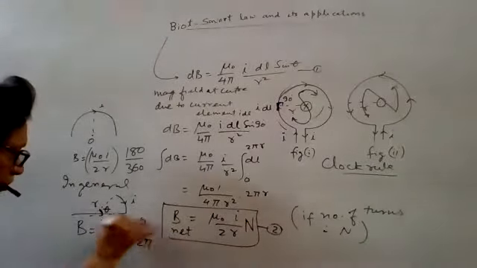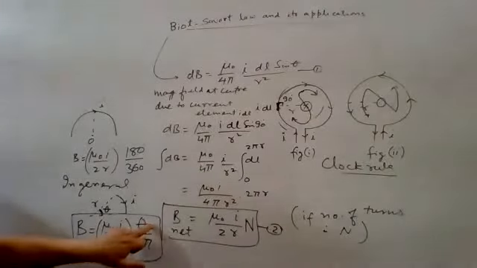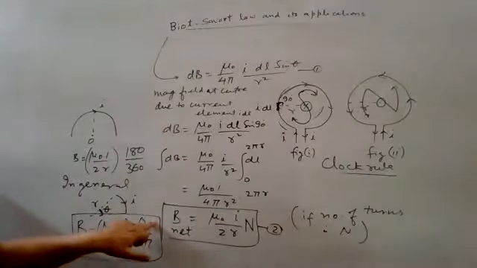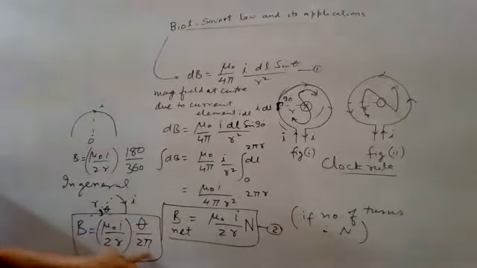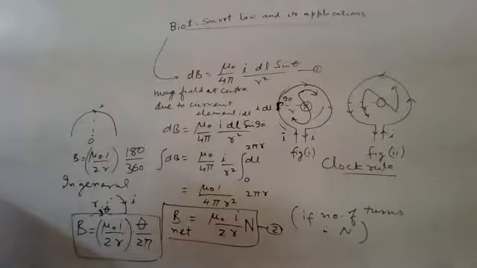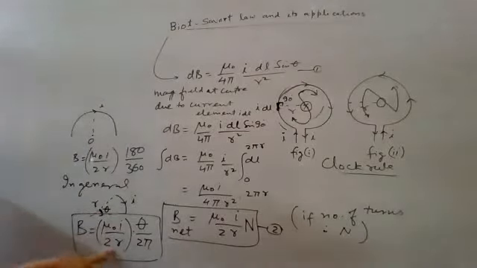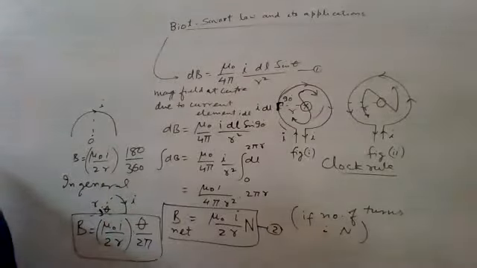So this is the fundamental formula in general. If it is a semicircle, theta is 180 upon 360, or a quarter circle. So this is the most general formula you can apply for any sort of arc given. Got it? This is the more general formula. This is the magnetic field due to the single circle or turn, and this is the multiplier.